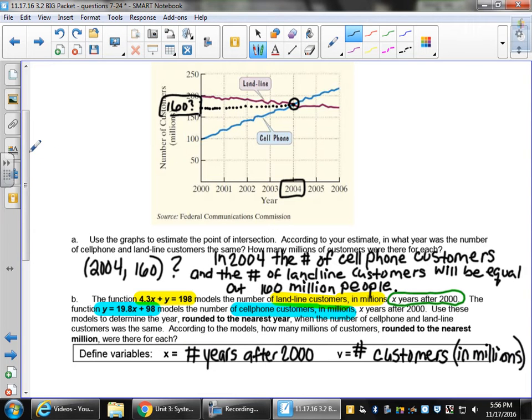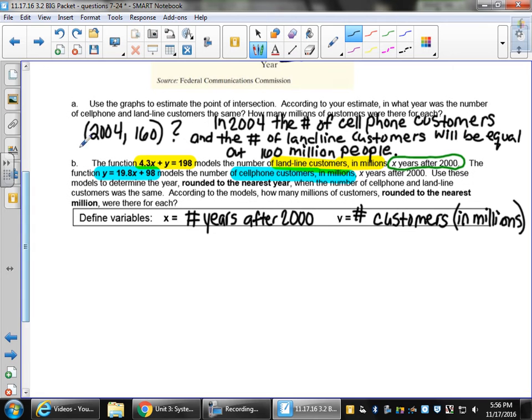Let's pull the equations we were given out. So the two equations are 4.3x plus y equals 198, and y equals 19.8x plus 98. The question is, according to the models, two questions.